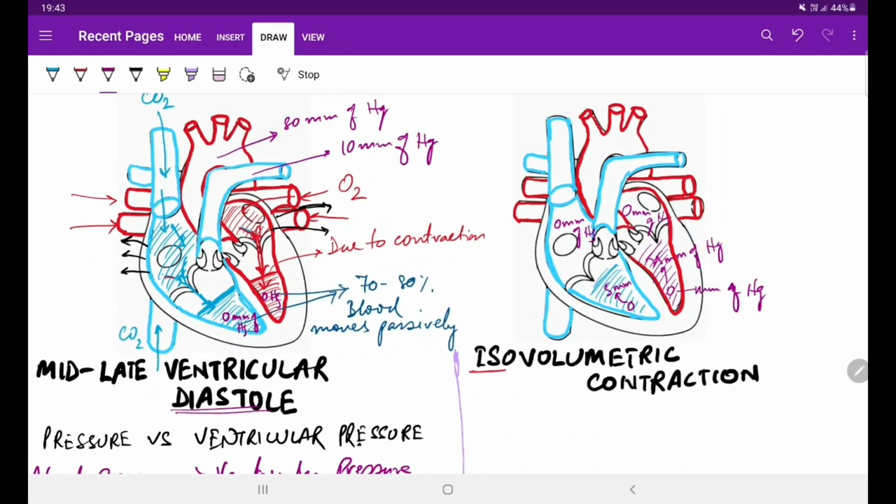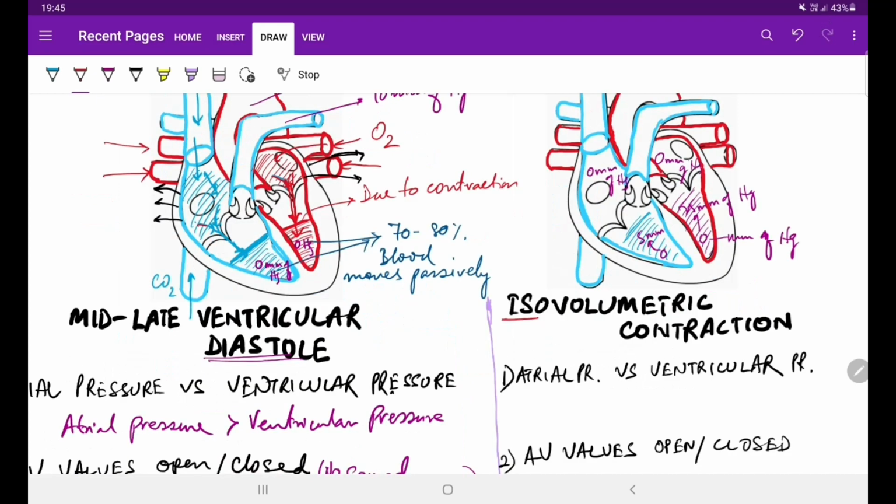Now we will again tabulate our observation as we have done earlier. What we find is that the pressure has increased from 0 to 5 mm in the right ventricle and 0 to 25 mm in the left ventricle. The first point of our observation is the difference in the atrial pressure and the ventricular pressure.